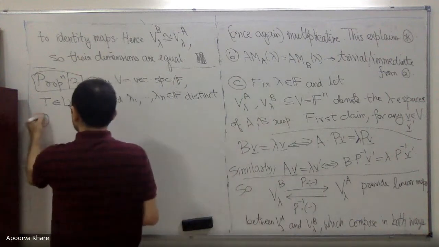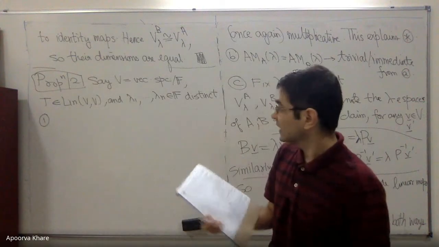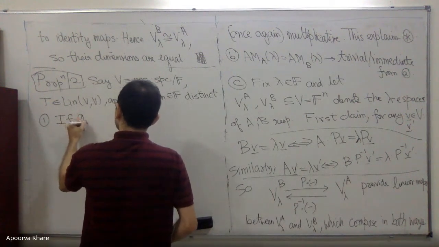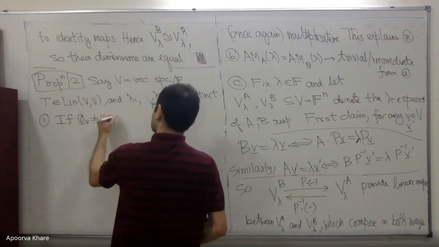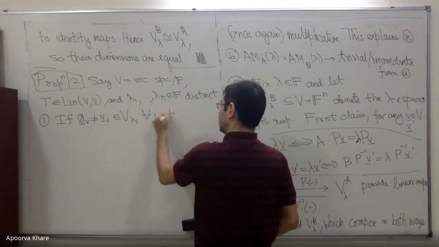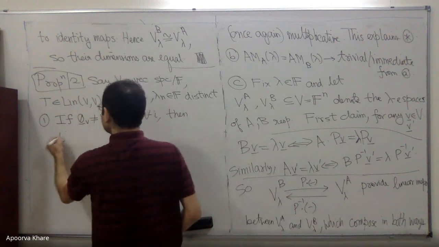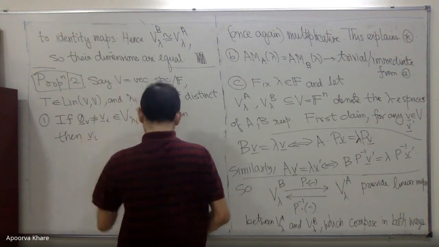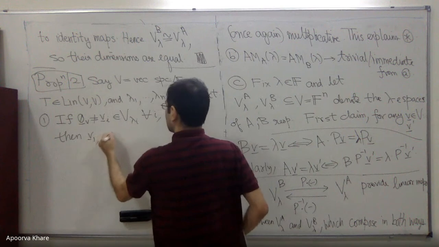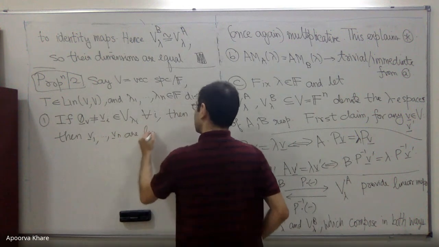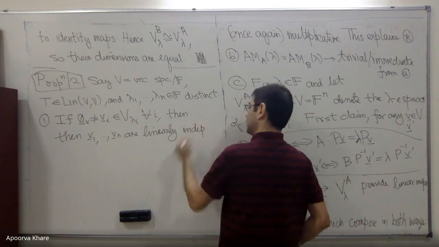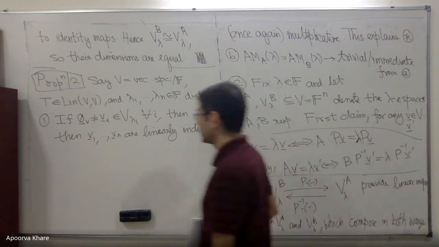Now, part 1: if you have non-zero vectors in each eigenspace, that is, 0 not equal to Vi belonging to V lambda i for all i, then these vectors V1, V2, ..., Vn are linearly independent. That's very nice.